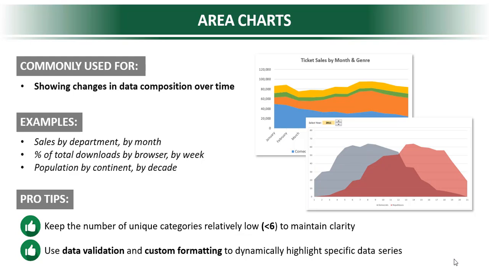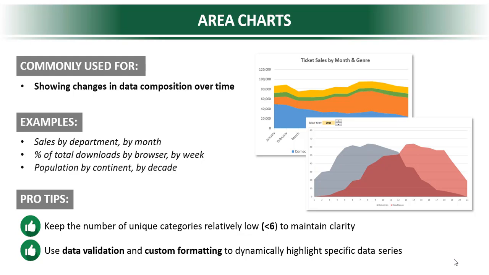A few examples are sales by department by month, percentage of total downloads by browser by week, and population by continent by decade. And here are some pro tips. The first one is to keep the number of unique categories relatively low, less than 6, so that it maintains clarity in the area charts.